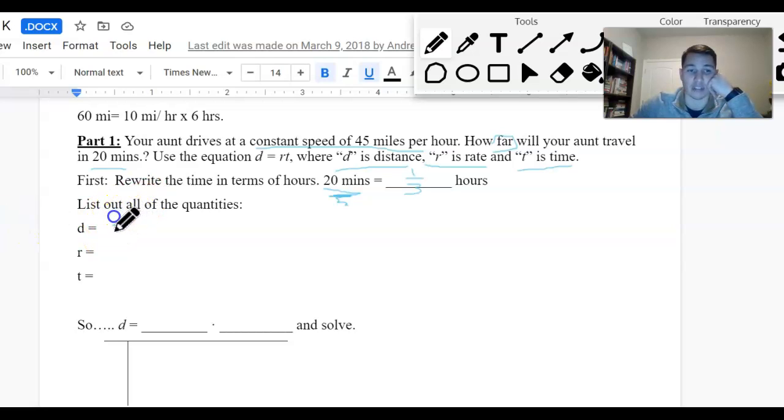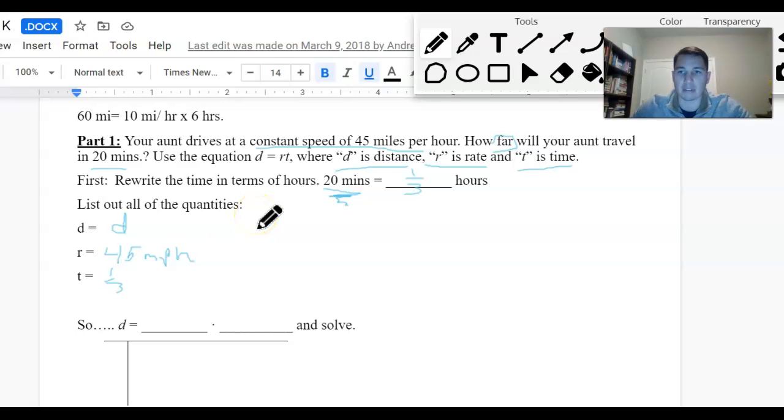So we're going to use the variable d. Do we know the rate or the speed? Yes, we do. It's 45 miles per hour. And then t, do we know the time? Yes, we do. It is 1/3 of an hour.